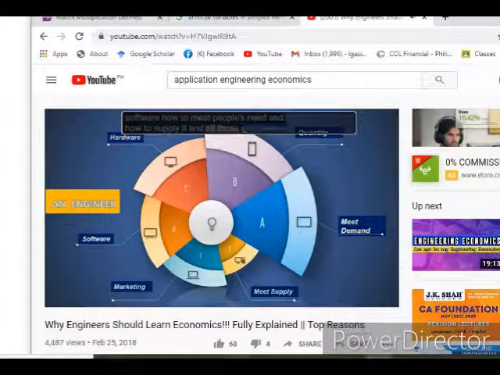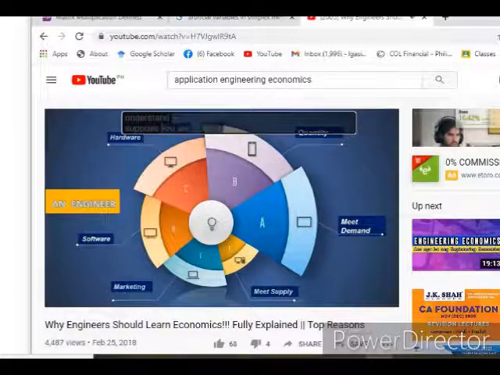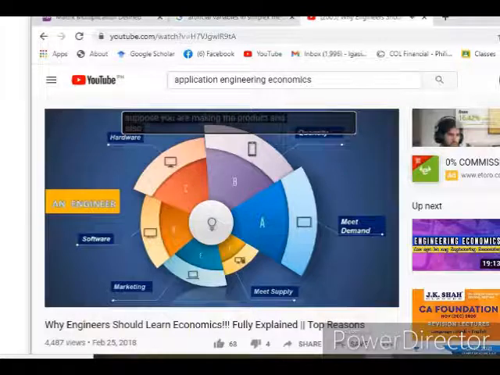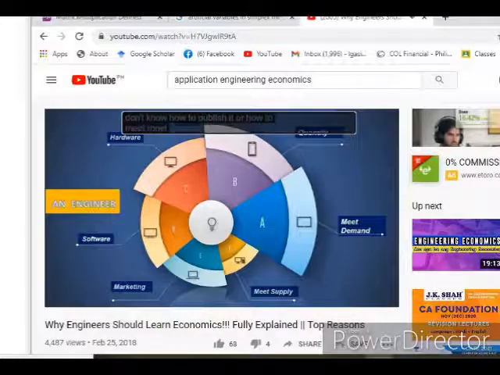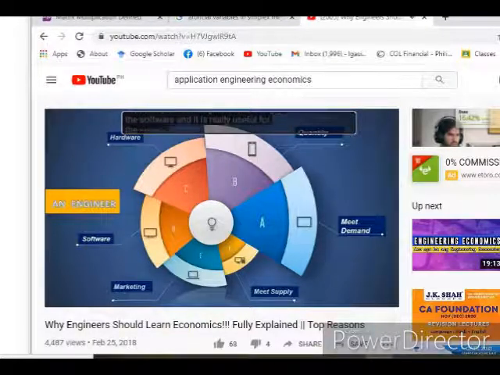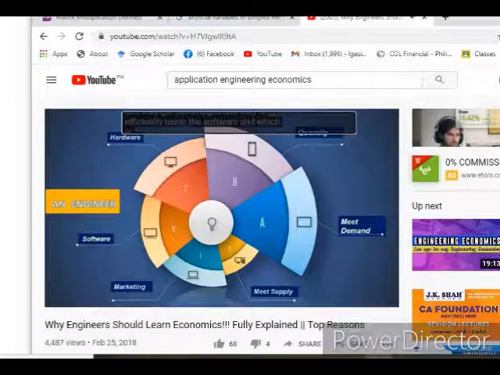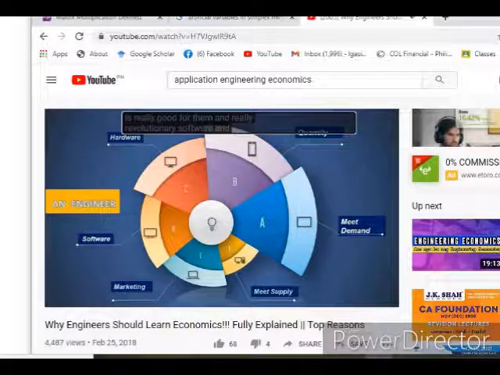And all those mechanisms, engineering and economics, come together to understand. Suppose you are making the product and also publishing the product, and you don't know how to publish it or how to meet people's need or demand, then you are not a proper engineer. Suppose you are an engineer who designed software and it is really useful for the people, and people want this and they get advantages and they are efficiently using the software, which is really good for them and really revolutionary software, and you are producing enough product to meet your supply and demand.